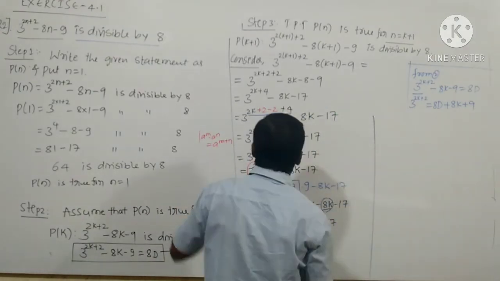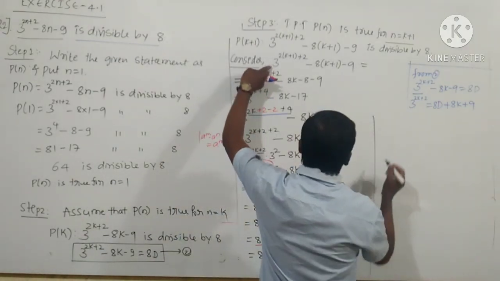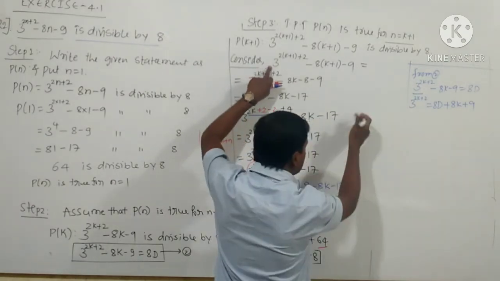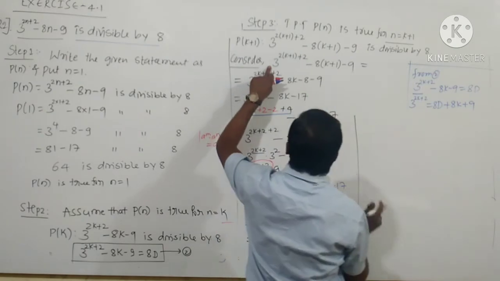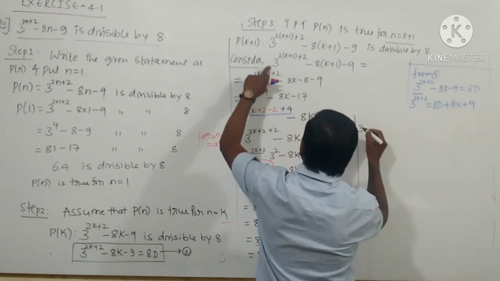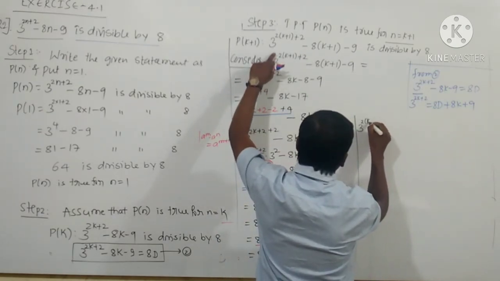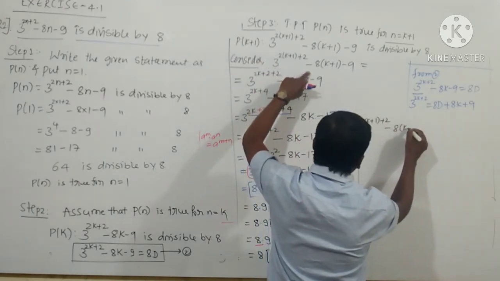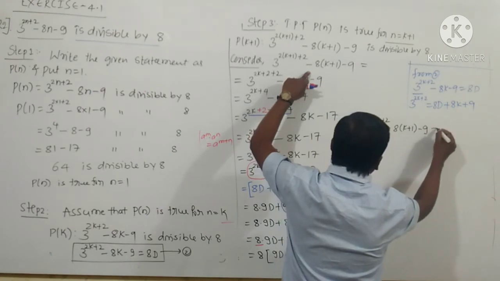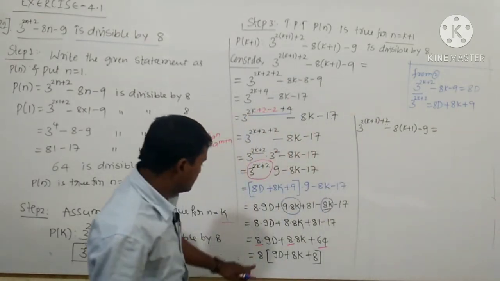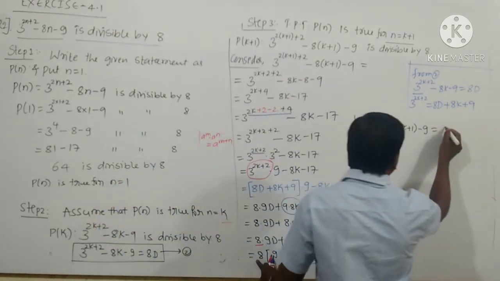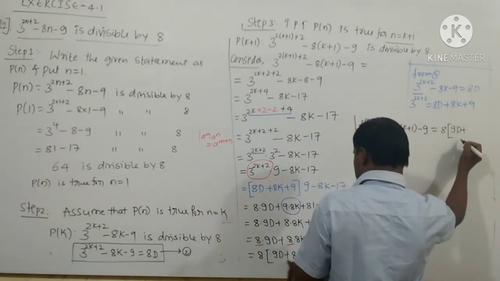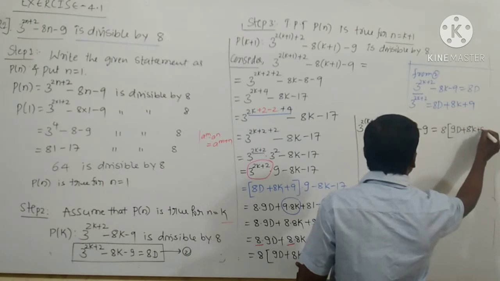So therefore in LHS what is there? Here we do not have sufficient space. So 3 to the power 2k plus 1 plus 2 minus 8 into k plus 1 minus 9 is equal to what we are getting? Here we are getting 8 into this term, that is 9d plus 8k plus 8.